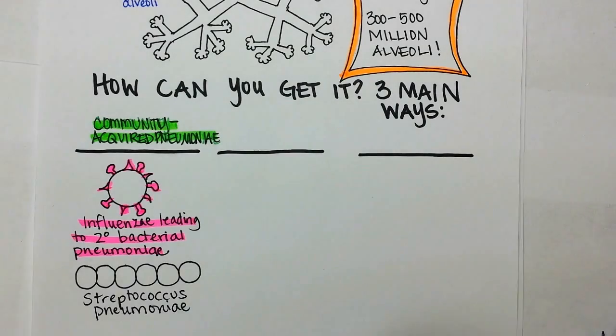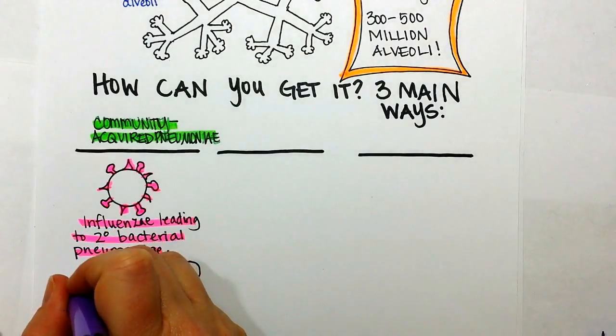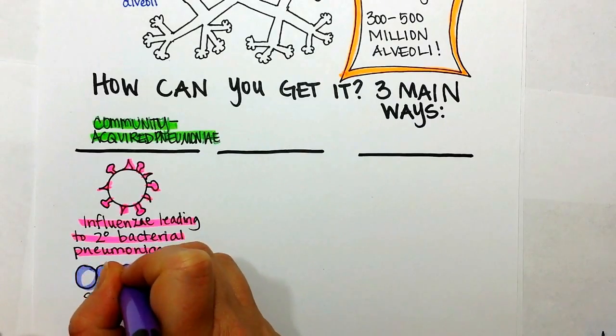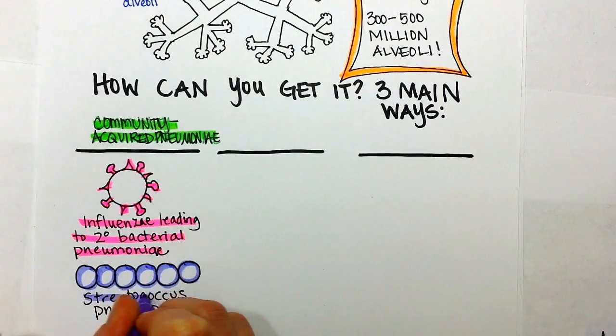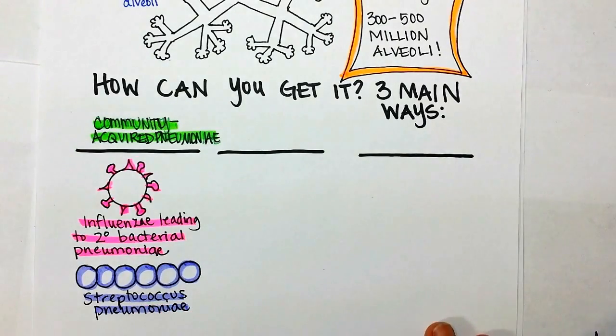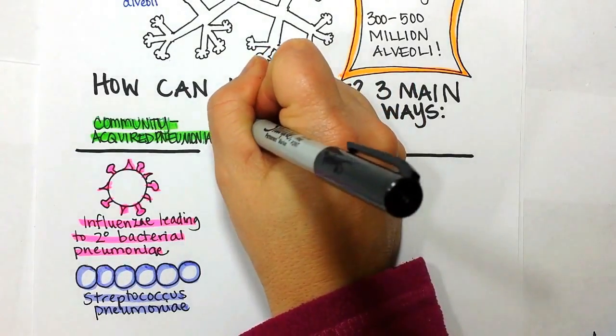Streptococcus pneumoniae is gram-positive, so we'll color it in purple. And it is the most common bacteria to cause community-acquired pneumonia. The second way that people can get pneumonia is by aspirating something.